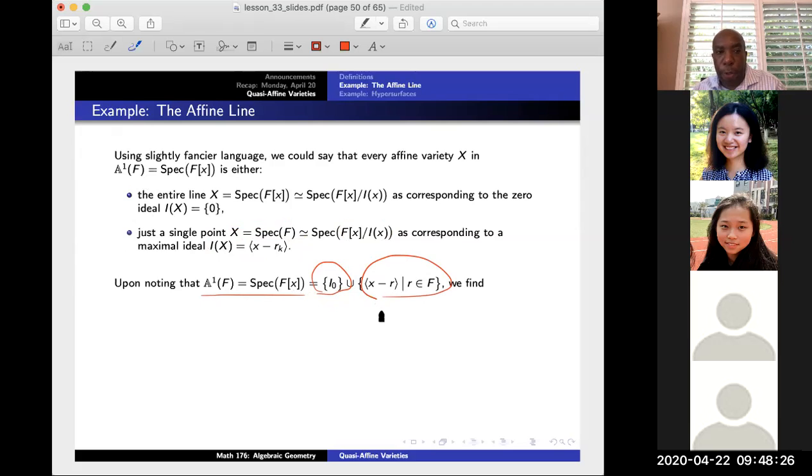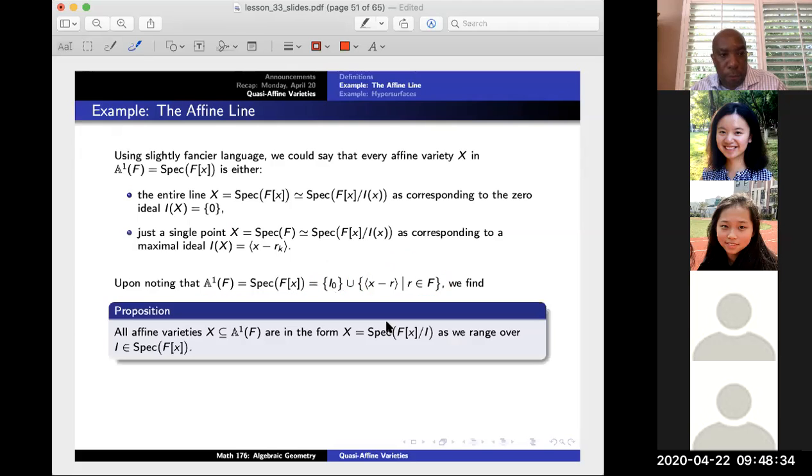And remember that we proved the theorem that the maximal ideals are all in the form x minus r, where r is in the field F. So we actually have the following result. All affine varieties X, even using this fancy language, are in the form spec of R mod I, as we range over the ideals in spec of R. So this is what's crazy now. All of the affine varieties all correspond to the prime ideals in spec of R.